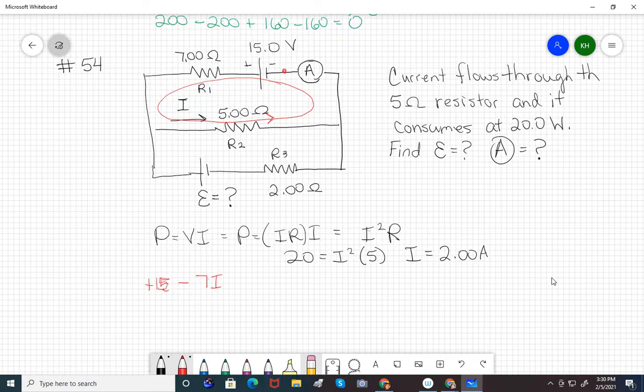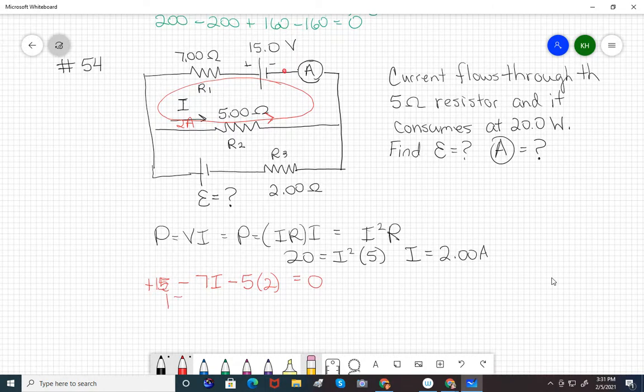When we go through the battery, we're going to lose 5 times 2 because the current through the battery, this current, is 2 amps going through the battery. By the time we finish going around, there's no more resistors. That should equal 0.